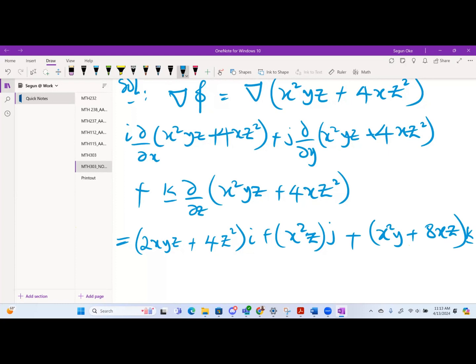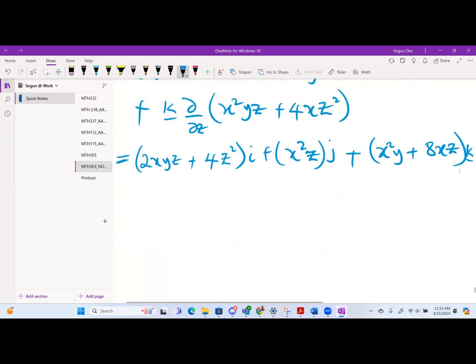So the next thing we need to do now is substitute x equals 1, y equals -2, z equals -1. Substitute them here. So what do we have?